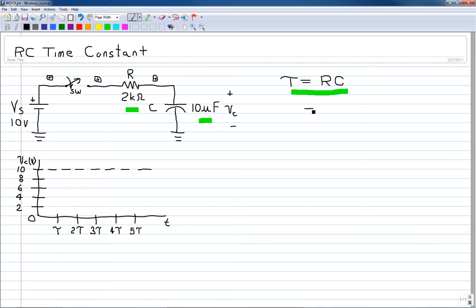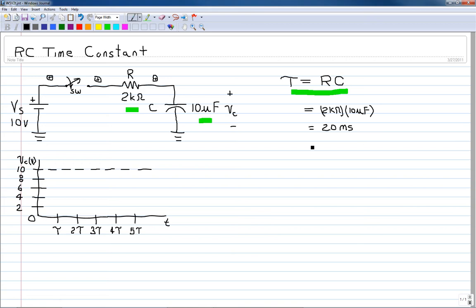That value in this circuit is equal to 2K ohms times 10 microfarads, which is equal to 20 milliseconds. So the capacitor charges at this rate, and each tau the capacitor charges so much.